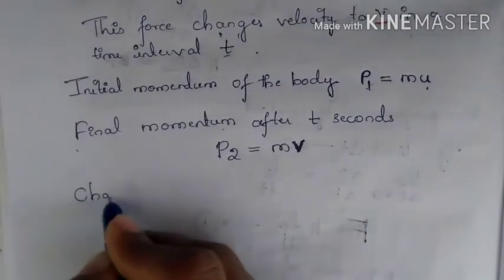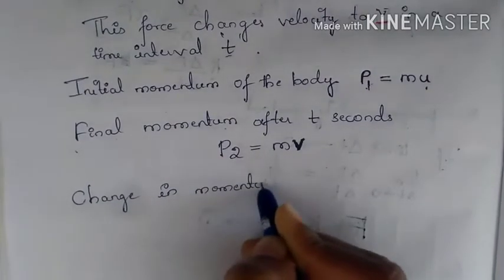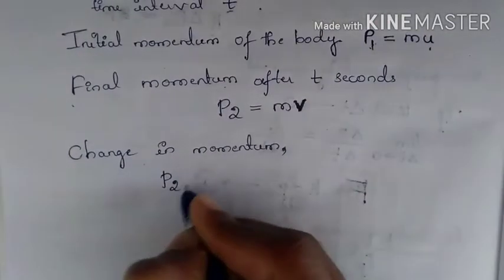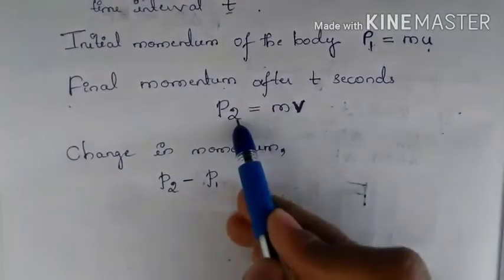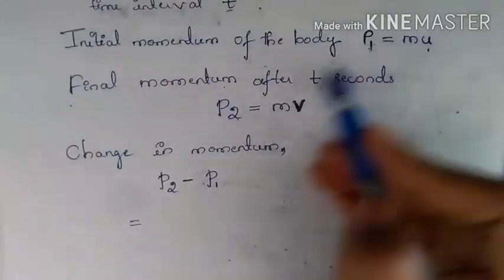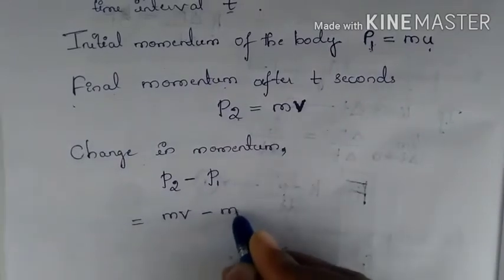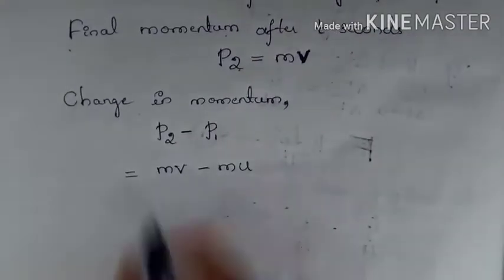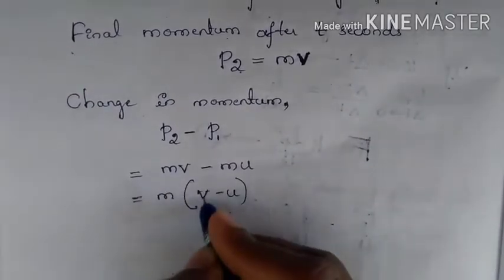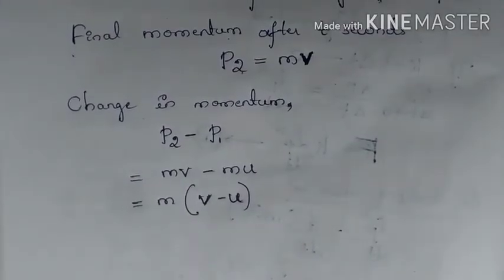Substituting the expressions, P2 is mv minus mu. Now take m as common, and what you get is m(v minus u). So this is the change in momentum.